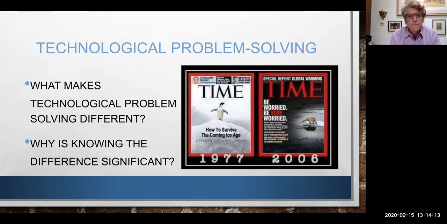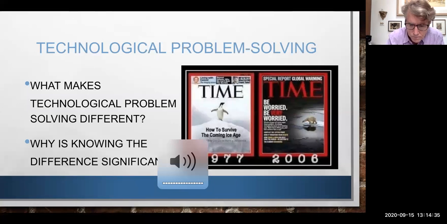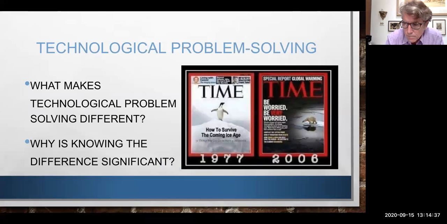What's your idea for what makes technological problem solving different, and why is it significant to know the difference between a natural and a technological problem? I guess with a natural problem, like with an earthquake or a hurricane or a tsunami, you can't really do much to stop it.